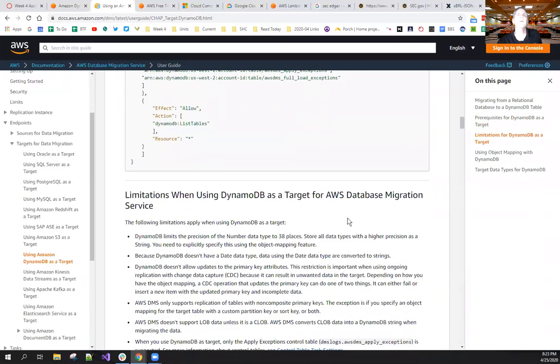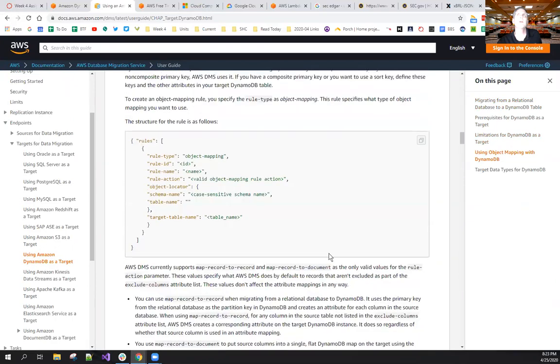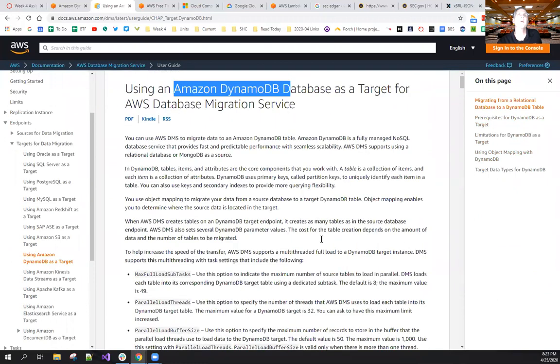So that would be what we'd use if we had to port all our data, which we would in this application.